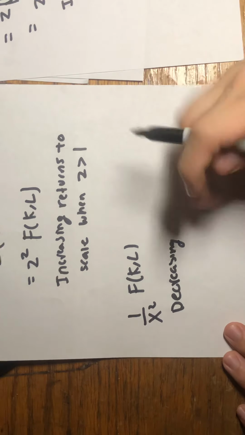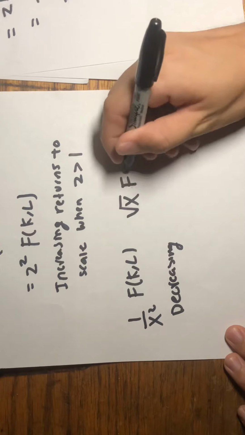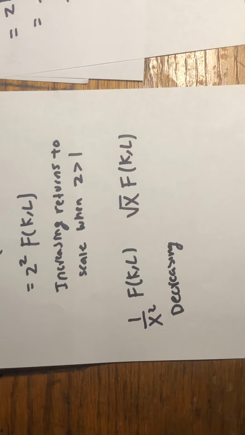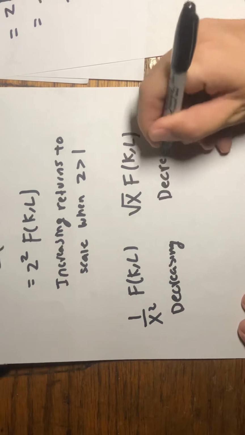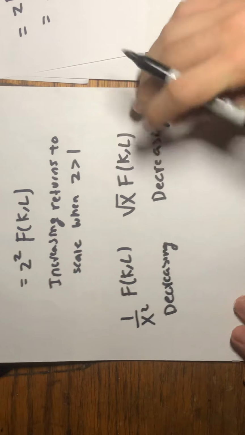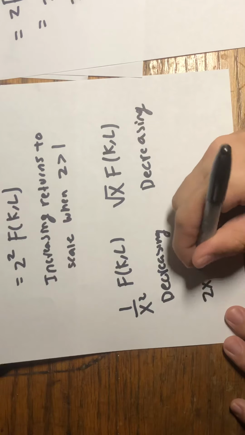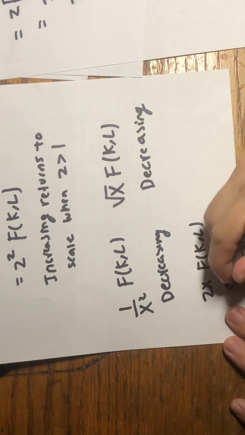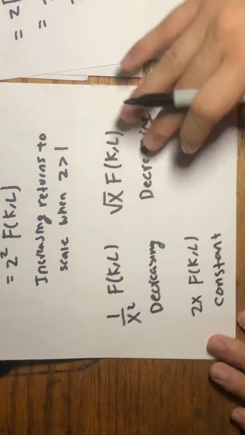If you had something that is the square root of x and then f of K, L, the root is making the function go smaller and smaller. So essentially, this is going to be decreasing returns to scale as well. And if you just had something like literally 2x multiplied by f of K, L, then this would be constant, because this would be a constant with just any value and such.